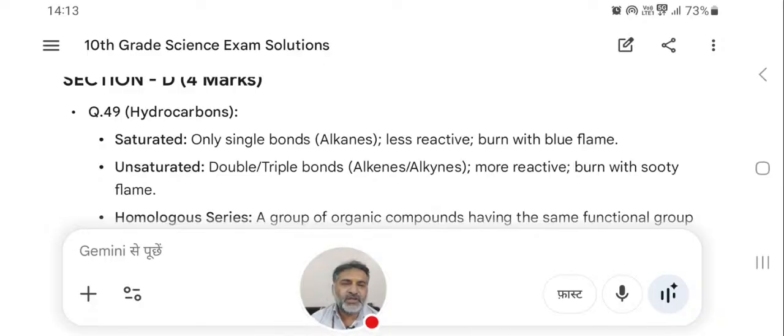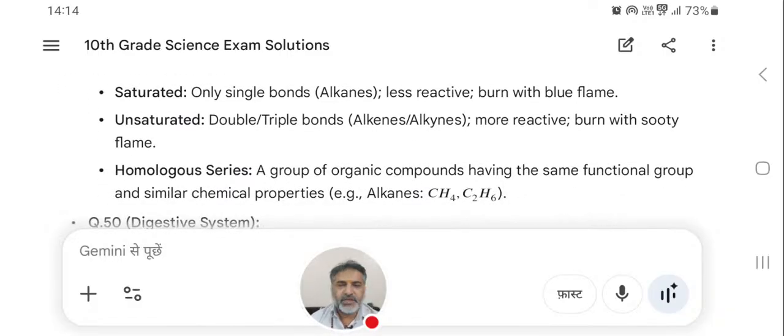Question number 49, difference between saturated and unsaturated hydrocarbons. Saturated: only single bonds, alkanes, less reactive, burn with a blue flame. Unsaturated: double or triple bond, alkene or alkyne, more reactive, burn with a sooty flame. Homologous series: a group of organic compounds having the same functional group and similar chemical properties, like methane, ethane.